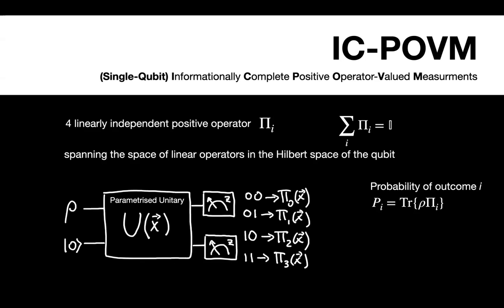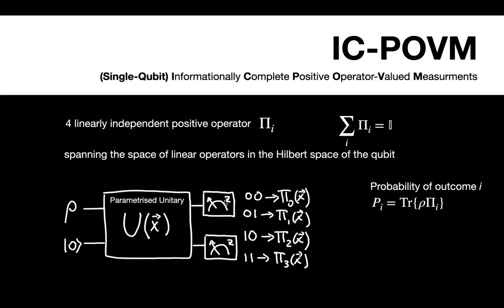Now, how do we implement these effects on quantum systems, on qubits in this case? Well, it has been demonstrated that one way of implementing a single-qubit informationally complete POVM is by using an ancilla that here I indicate with 0, and then performing a unitary parameterized appropriately, where I indicate with X the parameters of this unitary.